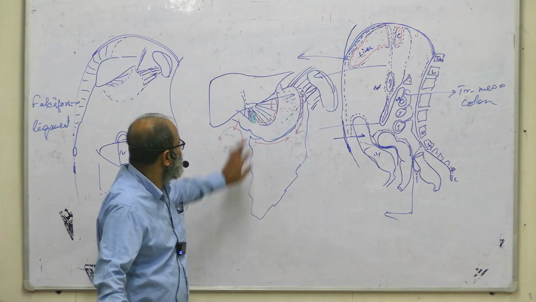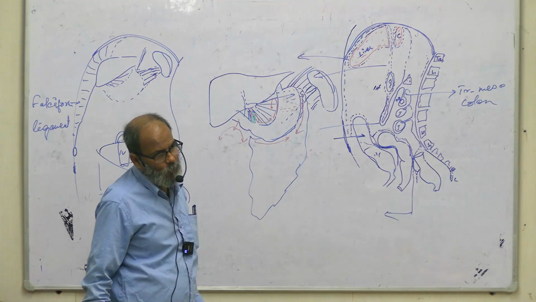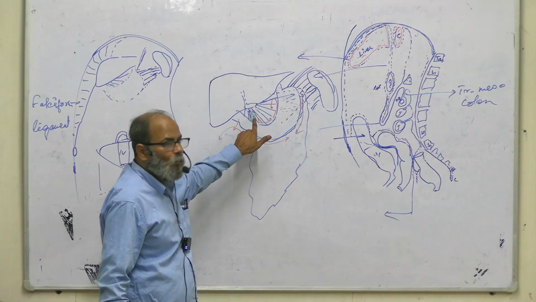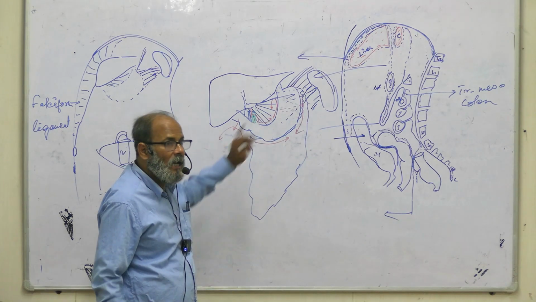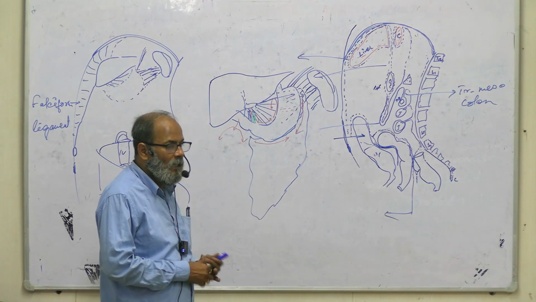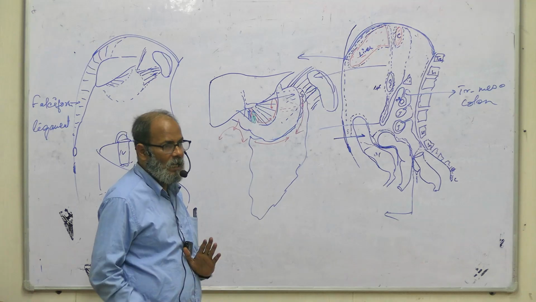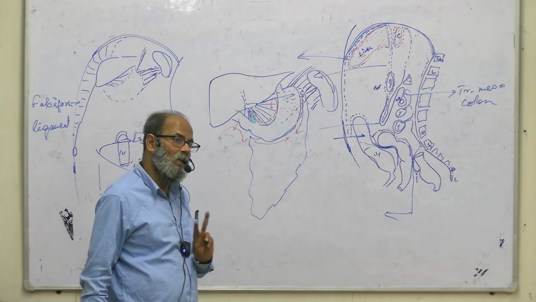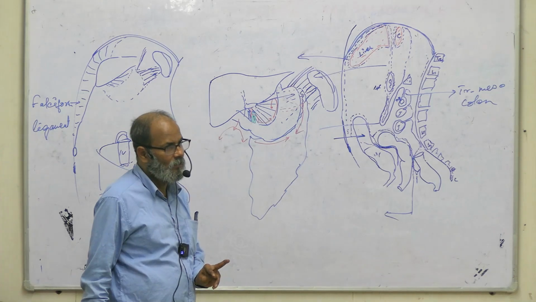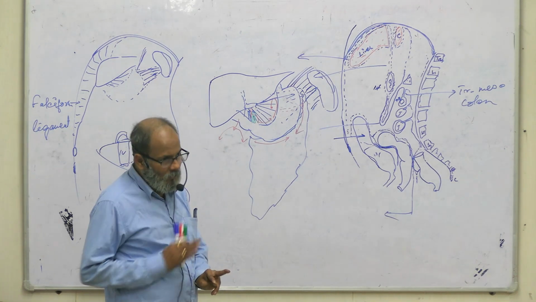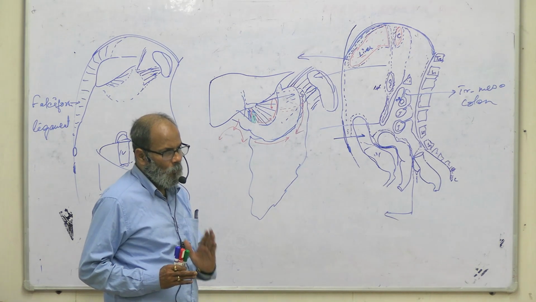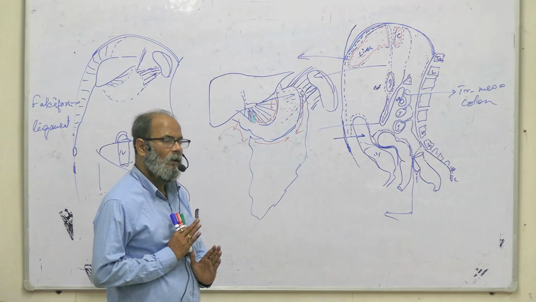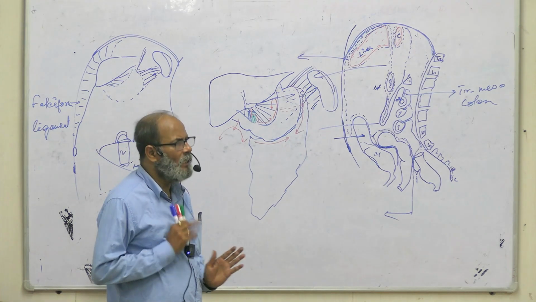Alright. What are the structures you will see in the lesser omentum? You will see the portal vein, the common bile duct, and the hepatic artery. Portal vein on the right side, bile duct on the left side, and hepatic artery in between and behind the both.